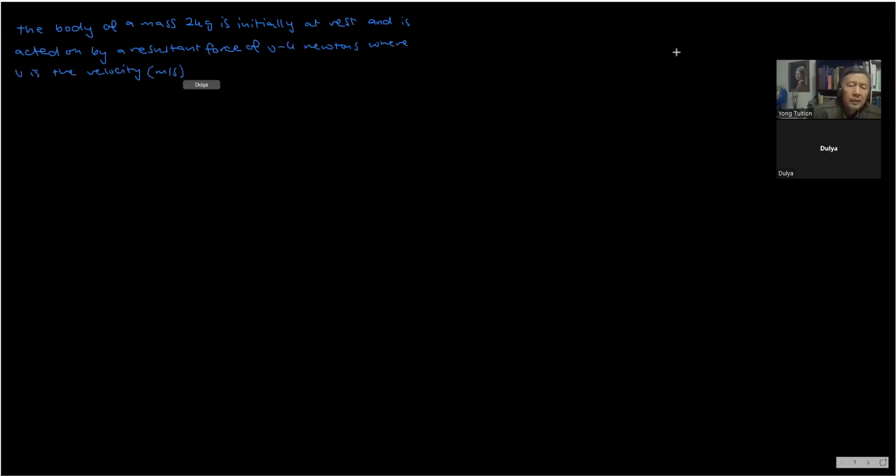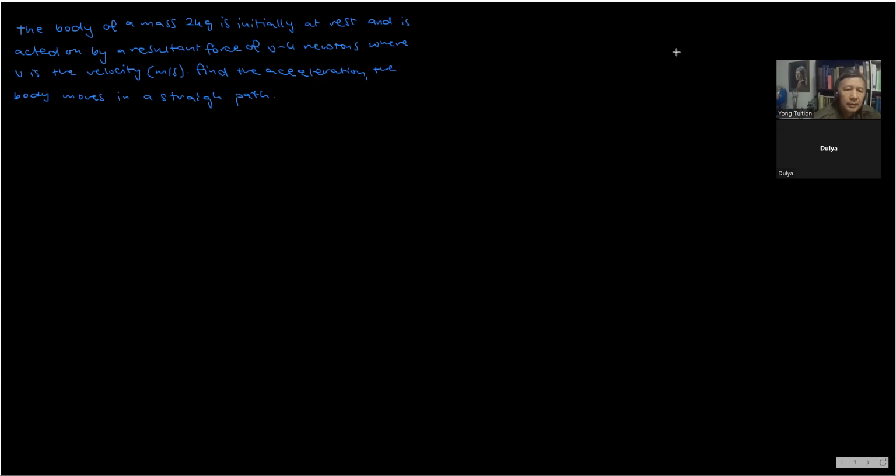Yeah, it's kinematics. It's a motion, acceleration. With acceleration, the body moves in a straight line path.